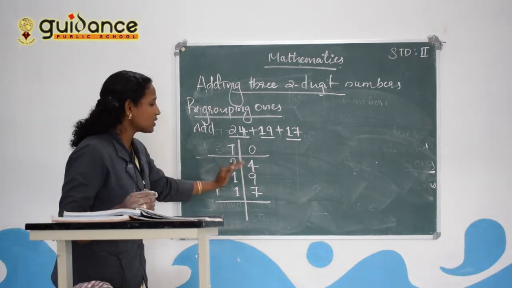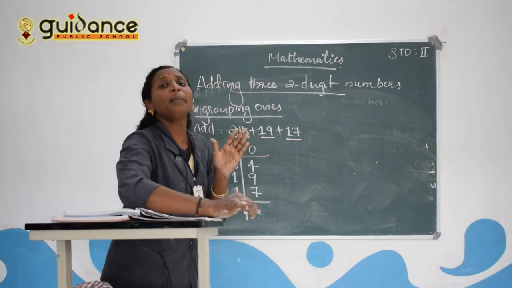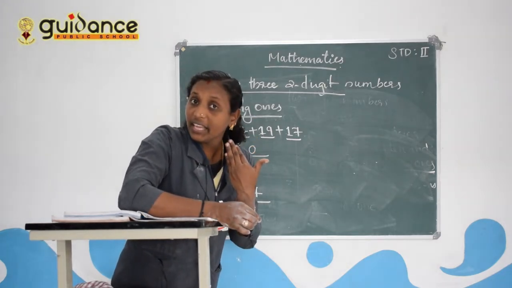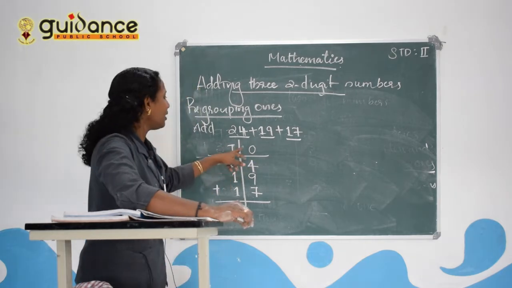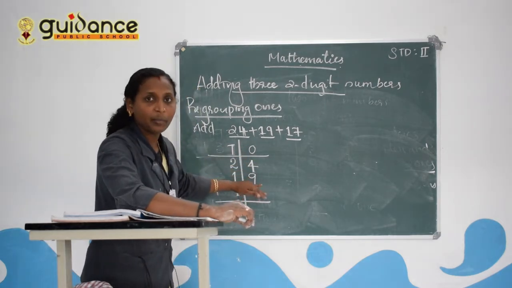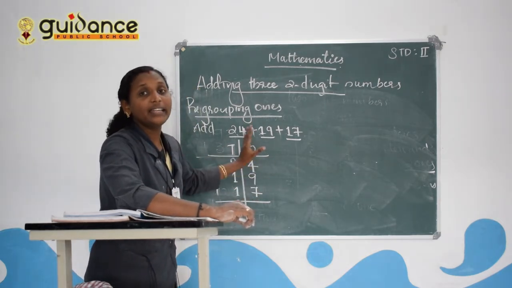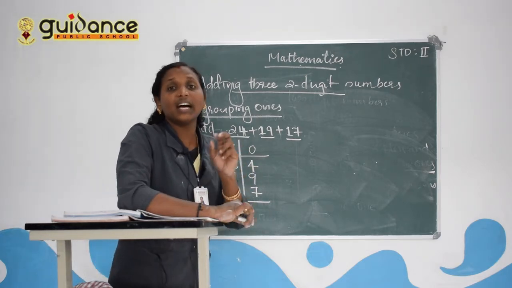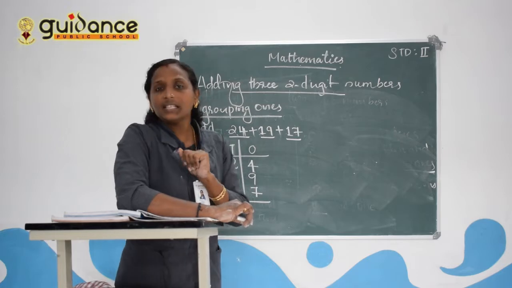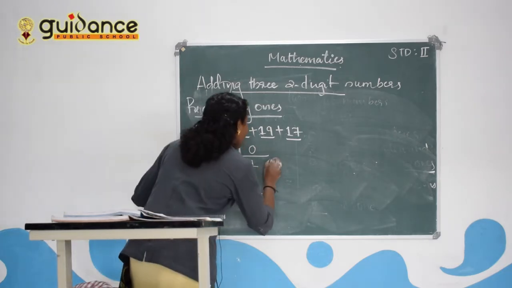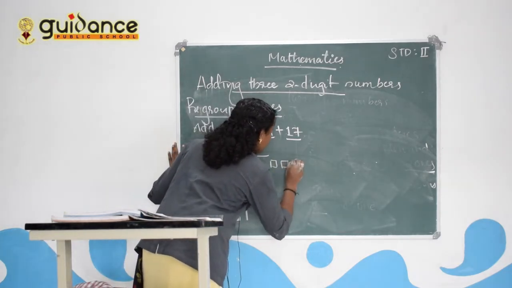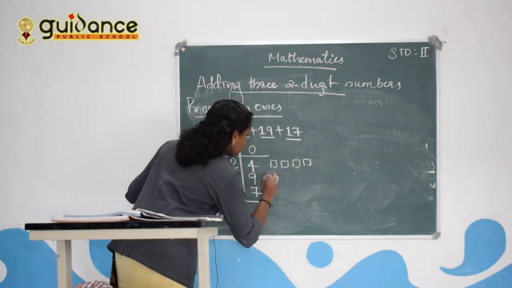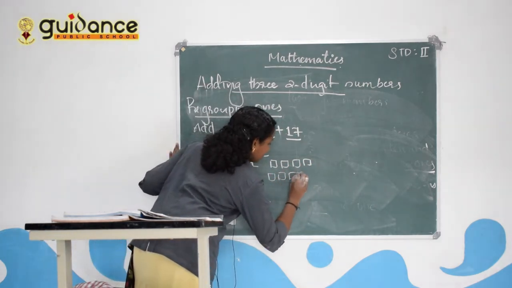Okay. Then look at the question. First, arrange the numbers in places. Next, what will we do? Adding the ones. So look at the numbers. 3 numbers are there. It has 4, 9 and 7. So we will represent the numbers. It has 4 ones.